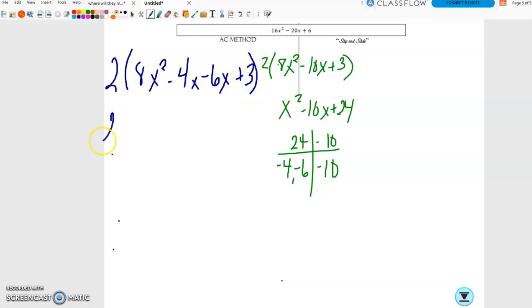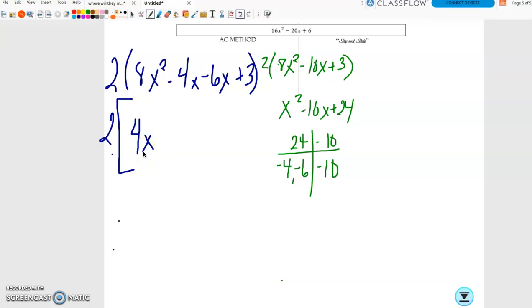For this next step, I'm going to switch from parentheses to brackets because I'm getting ready to add parentheses on what would be the inside. So I'm going to switch over to brackets on the outside. We have an 8 and a 4. We can take out a 4, x and x squared.